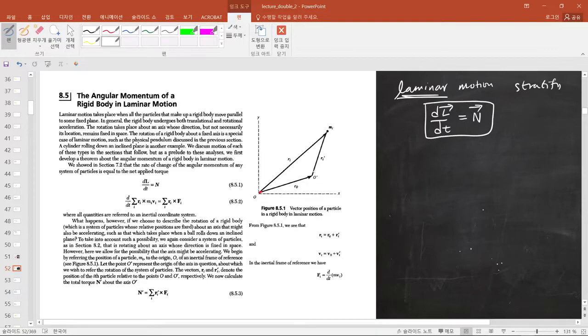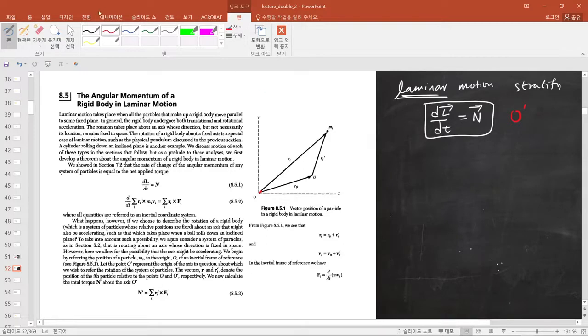And suppose you have another point here, but O prime is not fixed. It's undergoing a translational motion. It could be accelerating or something like that.